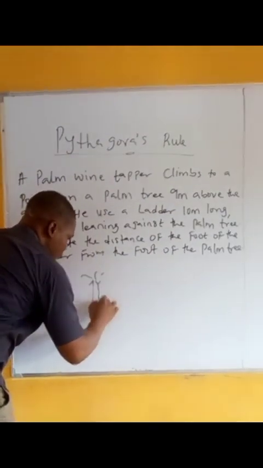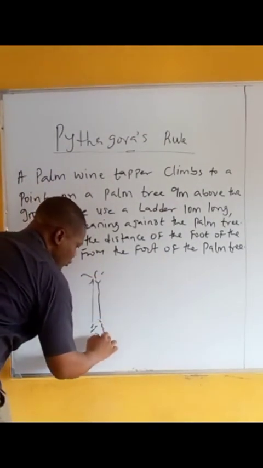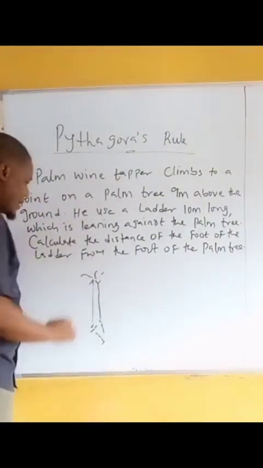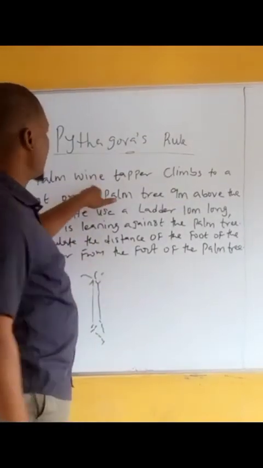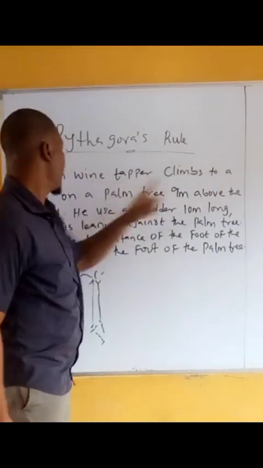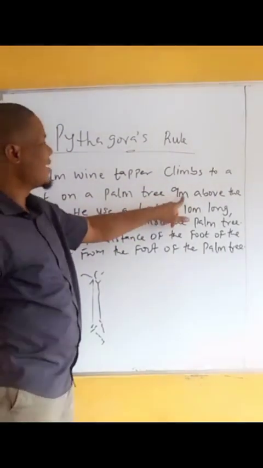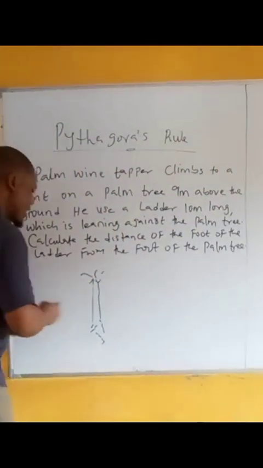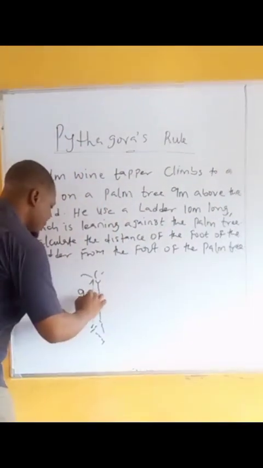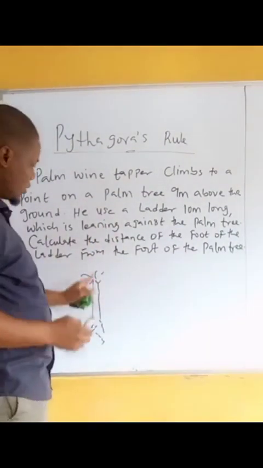Then I have this. Of course, I will have the roots. It climbs 9 meters. Look at it. A palm wine tapper climbs to a point on a palm tree 9 meters above the ground. That means he has climbed 9 meters already. This is my palm tree.